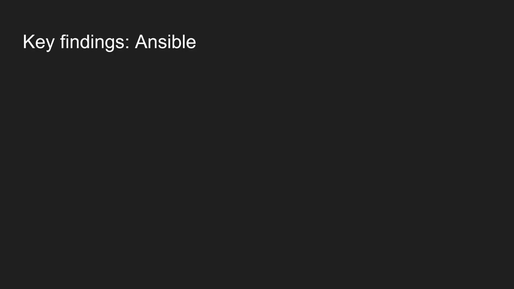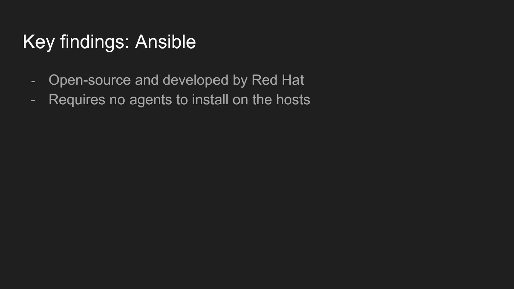So from the different tools for implementing IaC, Ansible was one of our first choices. Not only is it open source and developed by Red Hat, it is also a simple platform that requires no agents to install on the remote systems, meaning we don't need to install any software on our host devices.